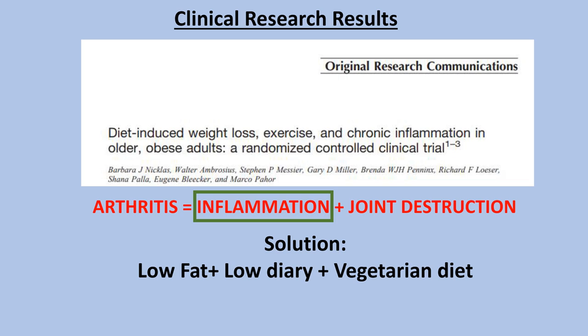So that is arthritis that stems from osteoarthritis or rheumatoid arthritis or any other form of arthritis. Because arthritis progresses faster, becomes more painful, becomes more detrimental with increased inflammation, which then ultimately destroys the joint.